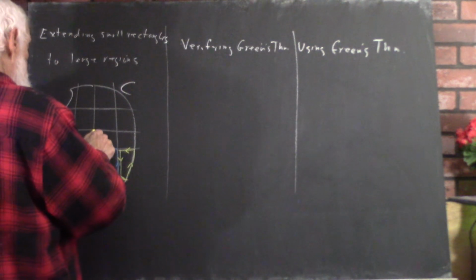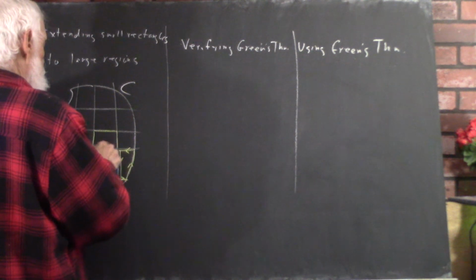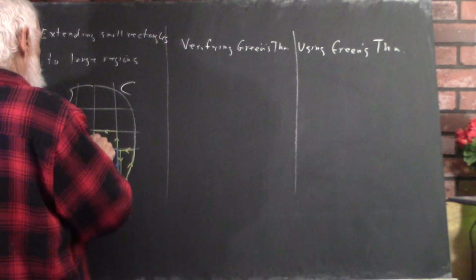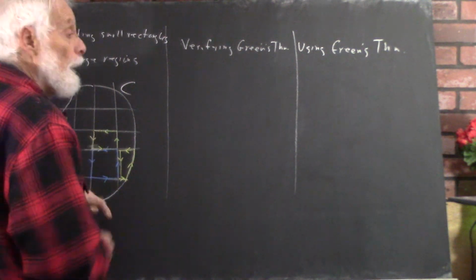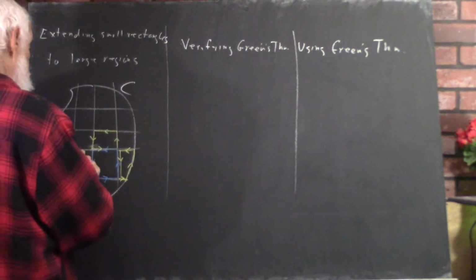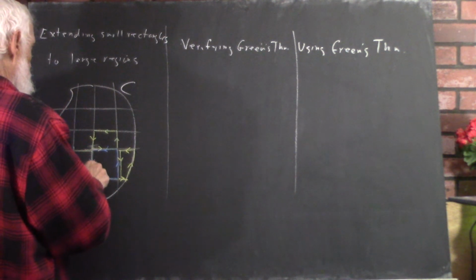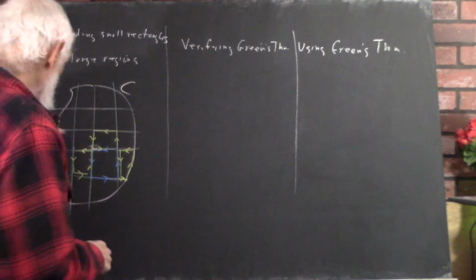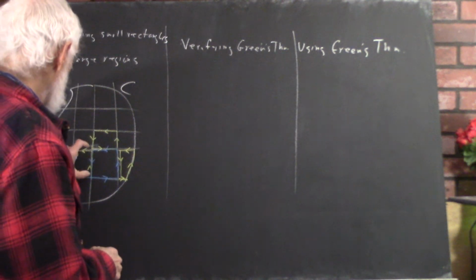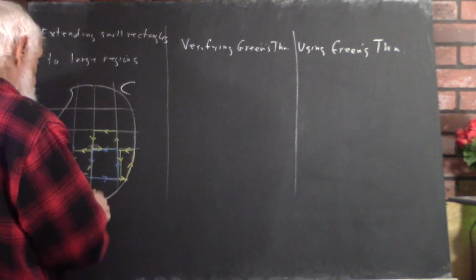Well, the same thing happens when we integrate over this region. The contribution here disappears. And when we integrate over this region, remember we're always integrating in the counterclockwise direction. Then that takes care of the contribution over this part of the path.